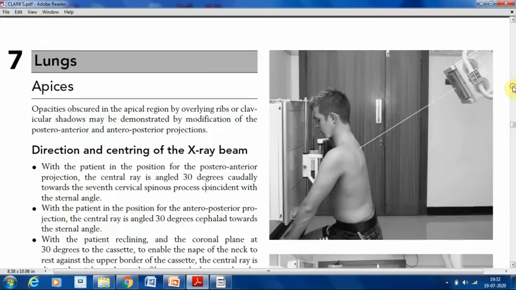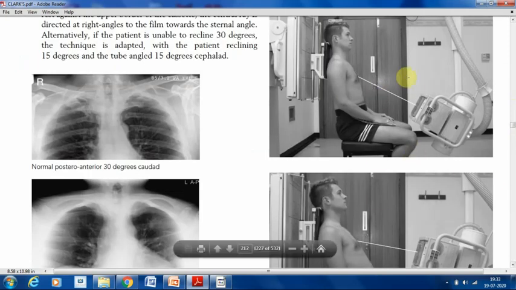See now, I am showing two views here. This is the PA view, and the other two are AP views. In one AP positioning, we give more angulation of the X-ray tube, and in the other, half of the angulation is done by the patient itself and the other half by the angulation of the X-ray tube.